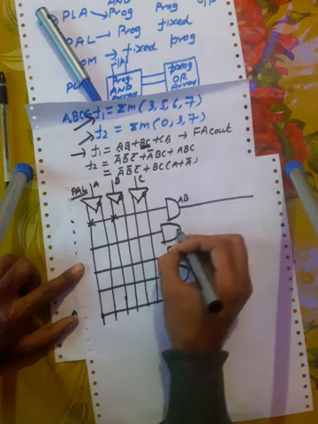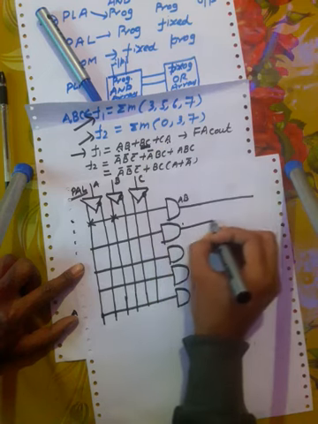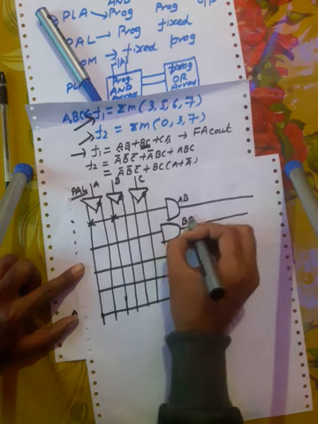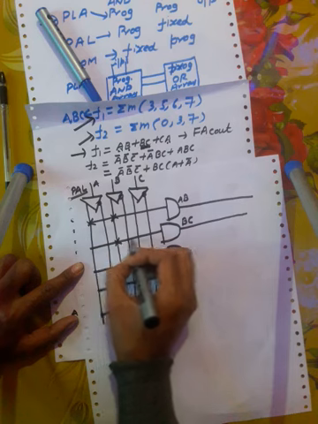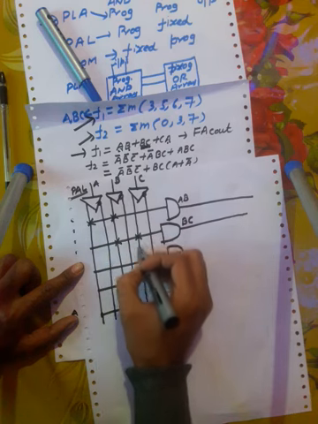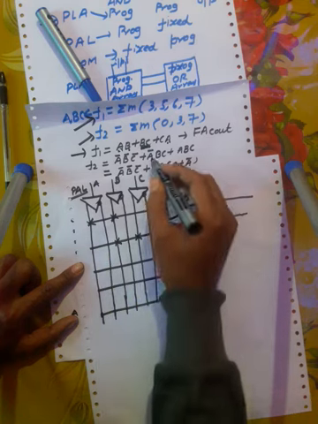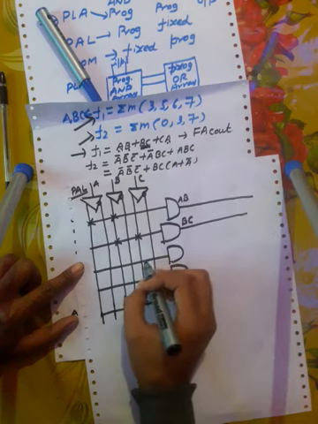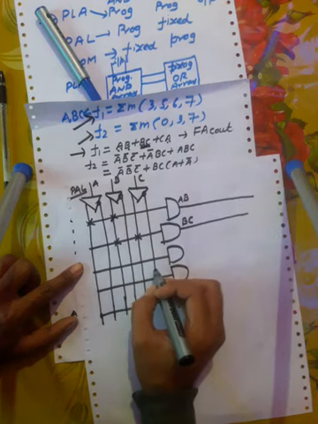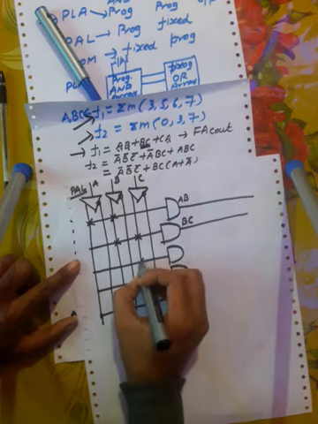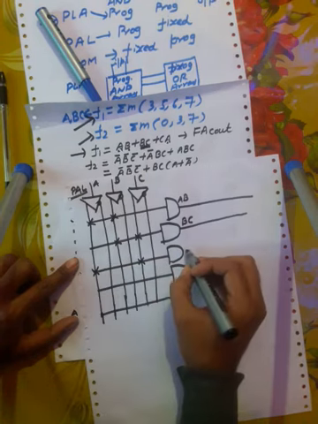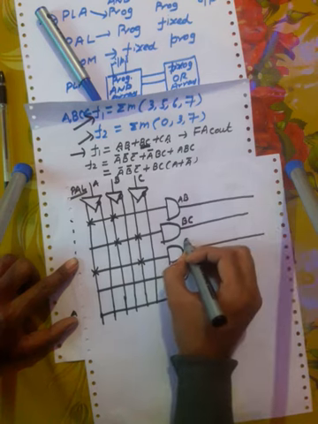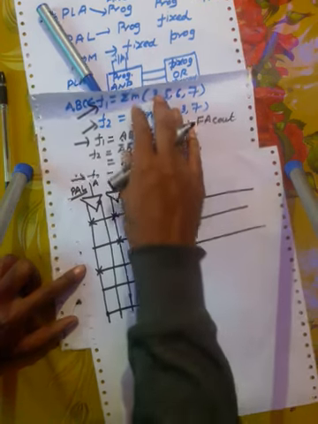BC: this is your B, this is your C. C from here and C bar from here. Next CA: C from here and A from here. This is your CA.